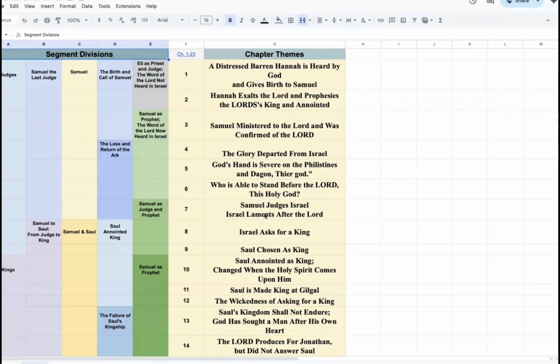I like using Blue Letter Bible for word studies, and so I just type in, I have my 1 Samuel 1, NASB 95. You have a bunch of Bibles you can choose from, and they have an app, so you can do this on the app, and then you just hit tools, and there you have all of your word studies pop up. So those are the two that I choose to use.